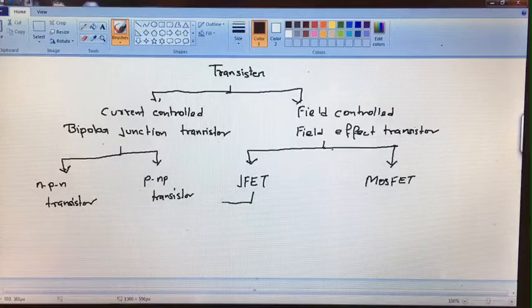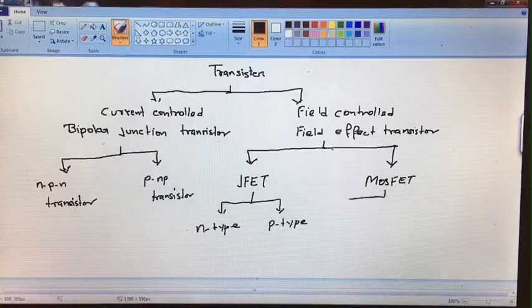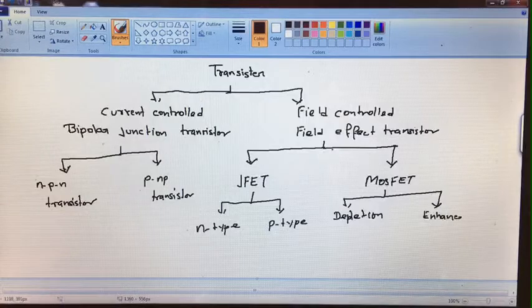JFET will be of two types, N type and P type. MOSFET is of two types, depletion type MOSFET, and enhancement type MOSFET.